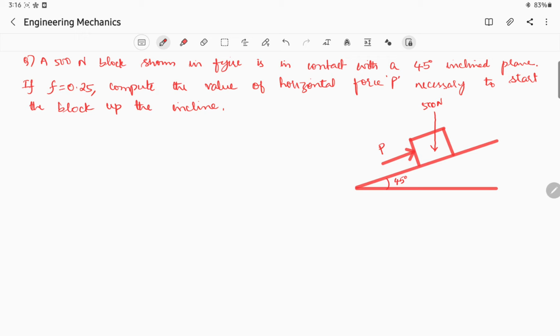Okay, so always weight will act exactly in which direction? Downward direction. Even though the block is resting on an inclined surface, the weight will act exactly in downward direction only. 500 Newton. So depending upon the inclined surface, our inclined surface will have a normal reaction.